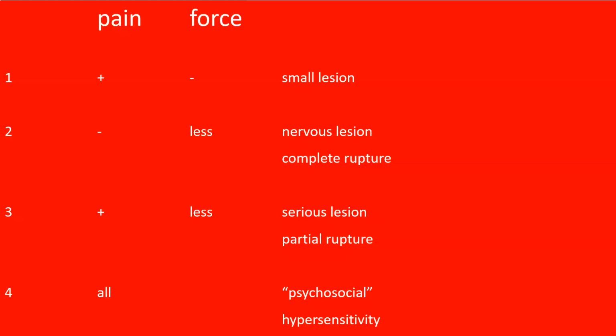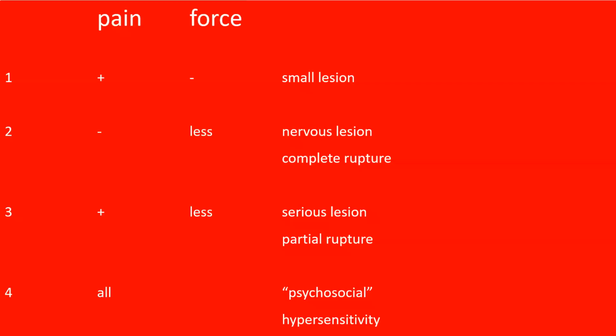The image you see now is quite important, very important for your clinical reasoning. The ideal situation is number one. Your resisted test is painful, but you don't have weakness. So we think of a small lesion, a small muscular or tendinous lesion. The second situation, on doing the test, there's no pain. The patient may have pain, but the test itself is not positive, but the patient has weakness.